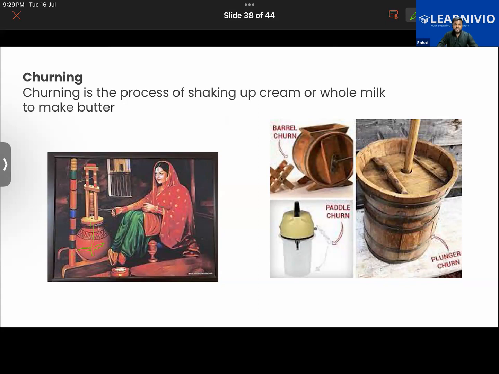So basically, it is working on the principle of centrifugation. What happens in the method of centrifugation? For example, in milk, you'd have seen that many times a yellow particle would be floating at the top of the milk. Have you guys noticed that?